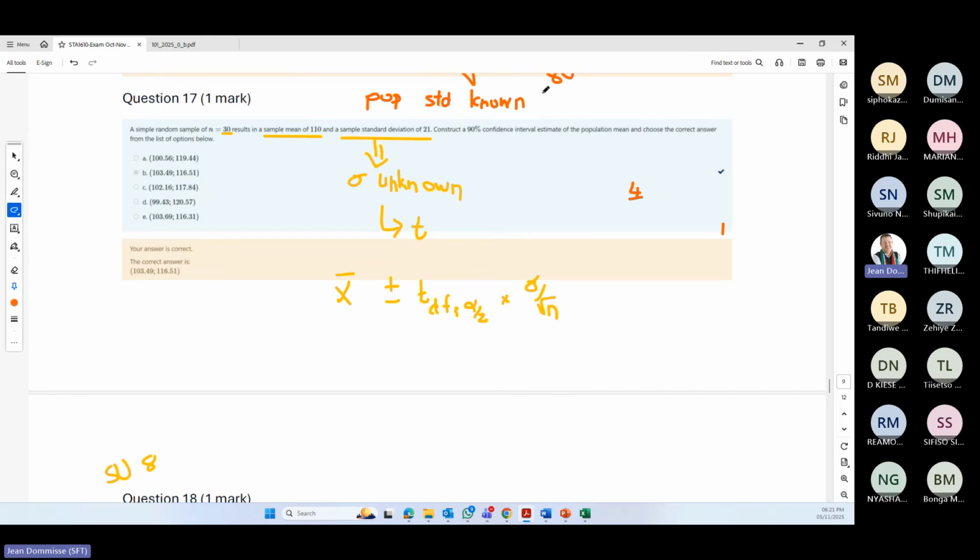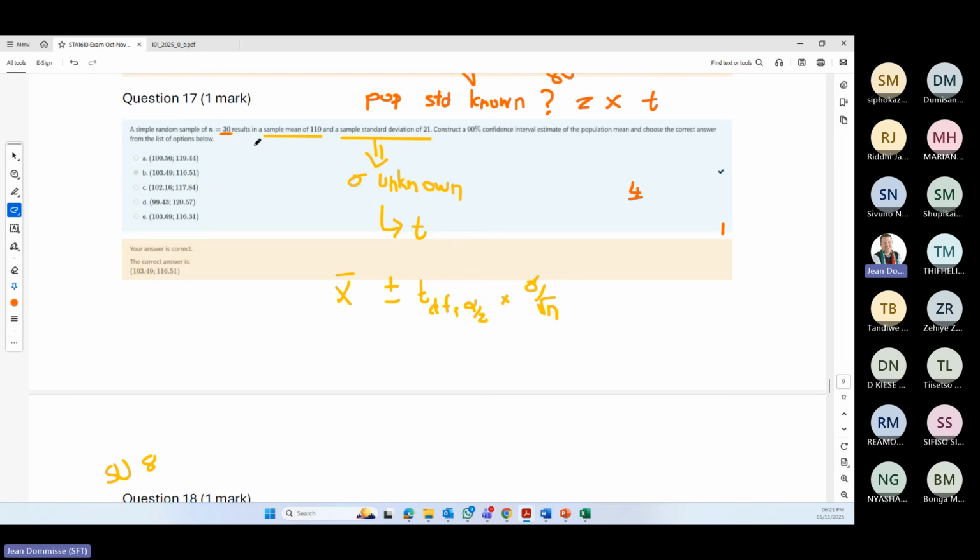If that is known, we use a Z. If it is not known, we use a T. So simple random sample, they tell us it's a sample.